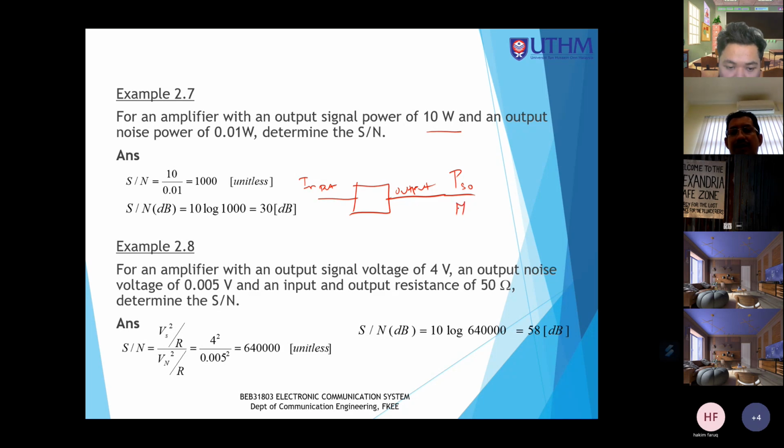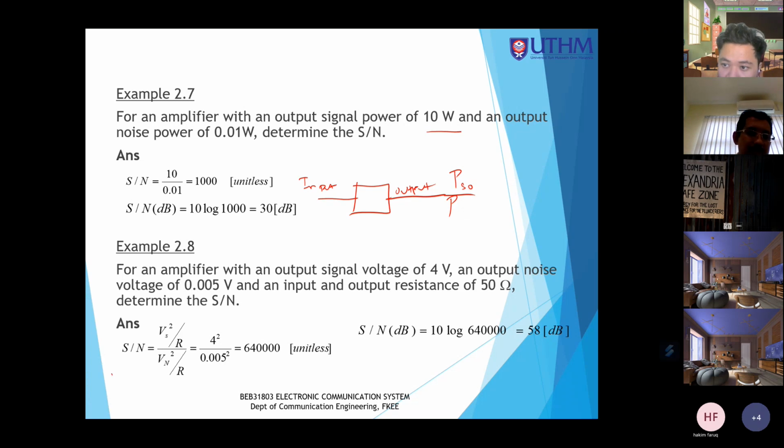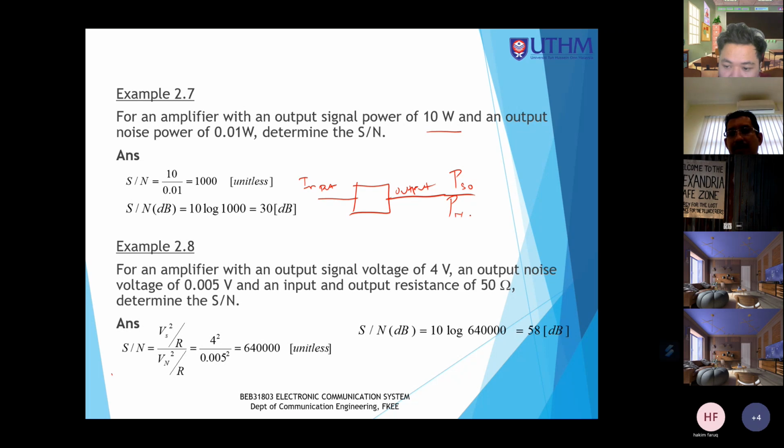And we also have PN of output. So dia suruh cari berapakah nilai SNR pada output ini. How much is the SNR at the output?